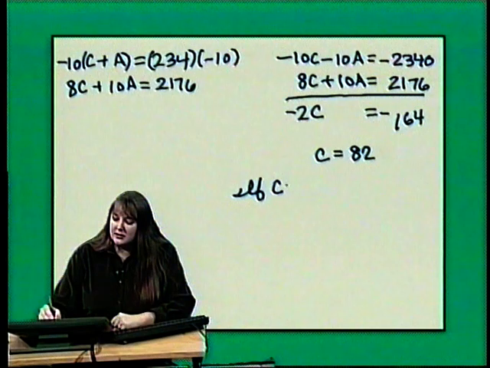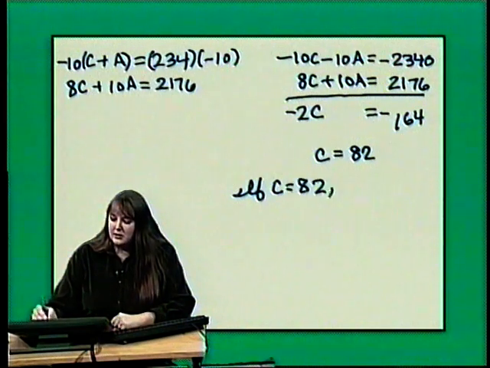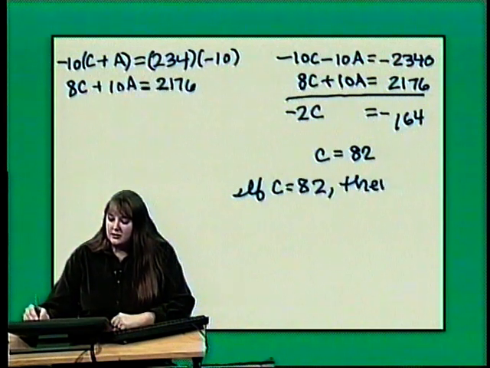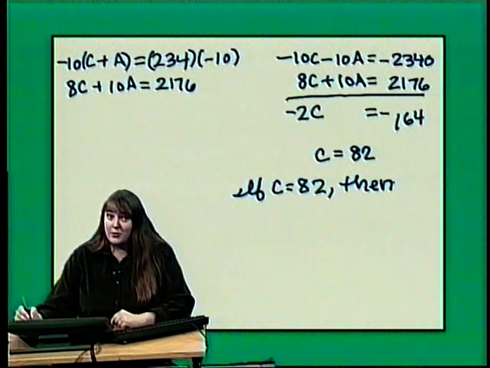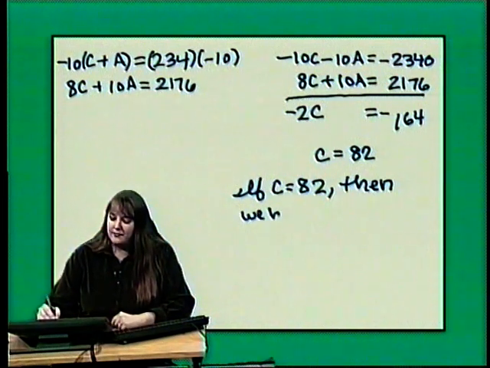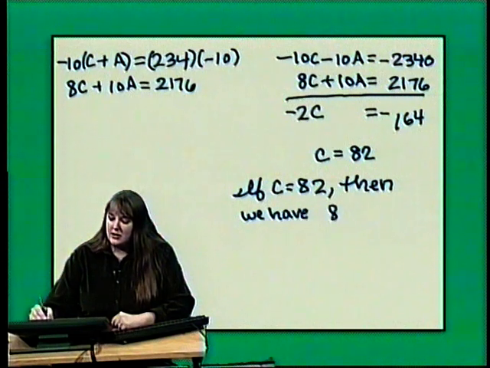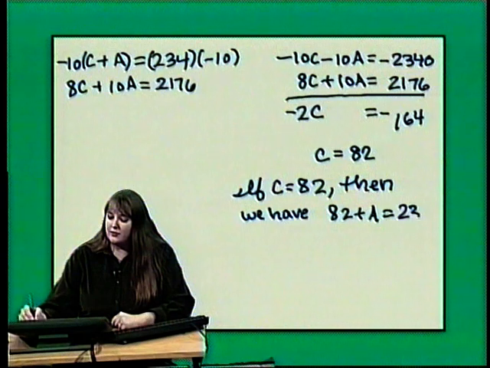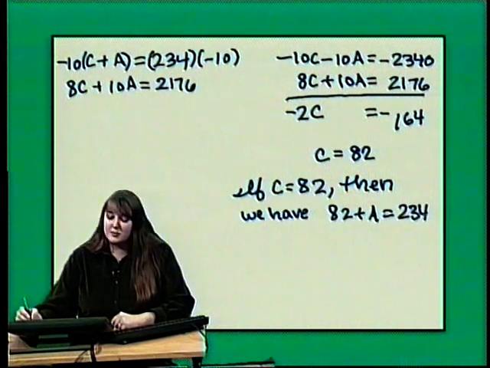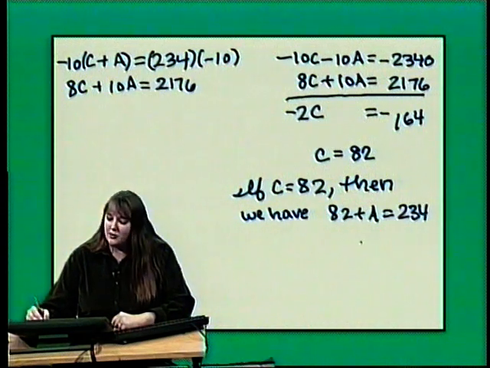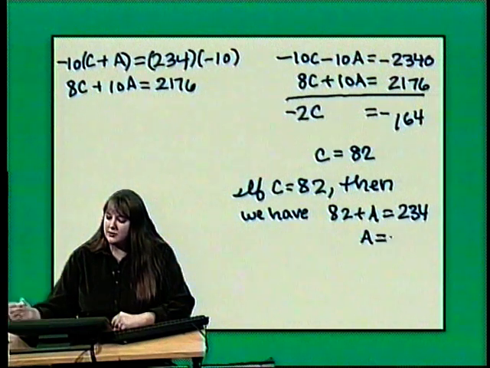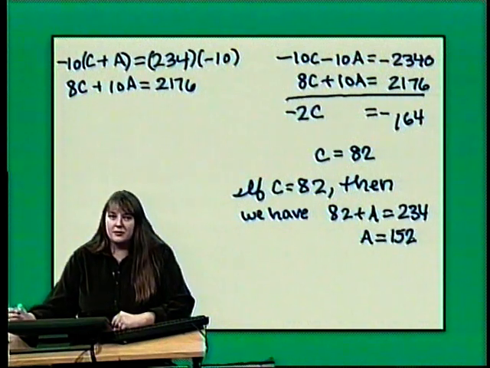So if C equals 82, then working with our first equation, C plus A equals 234, we have 82 plus A equals the 234 tickets that were sold. Subtracting 82 from both sides of this equation, I have A equals 152.